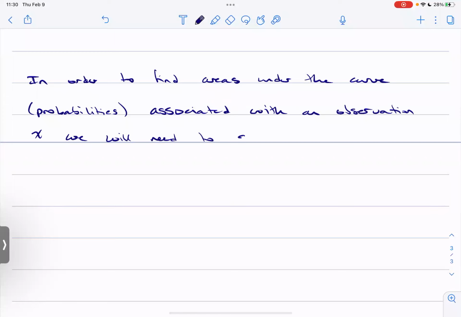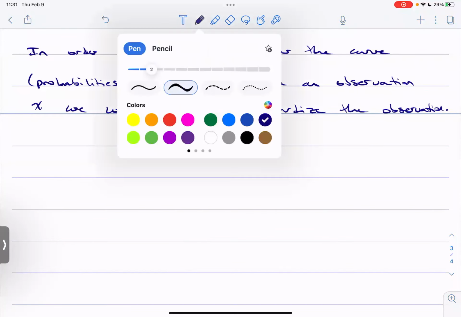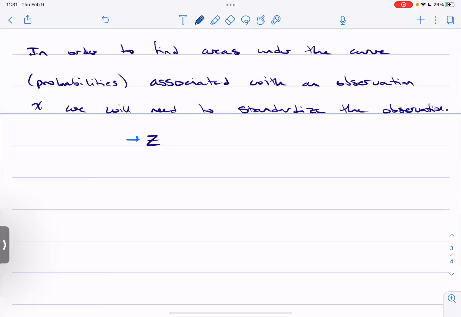So I'm just going to jump right in and say that Z is going to be that standardized value. Z is the standardized value.